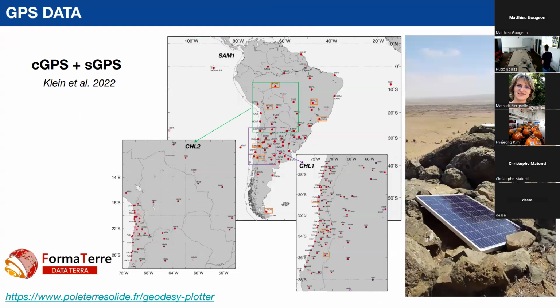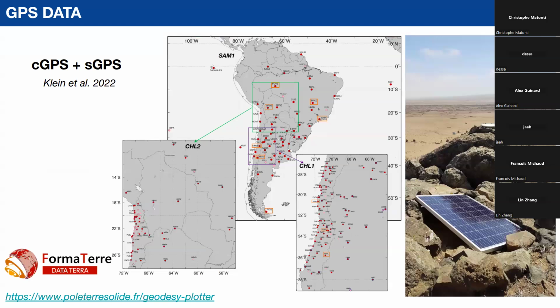So the data I'm using are from Émilie Klein and Christophe Vigny at ENS. I will show you in this presentation only continuous GPS stations, but I'm also using survey GPS stations when needed. Here you have a map of all the stations we are processing at ENS, with an example of a permanent station north of La Serena.